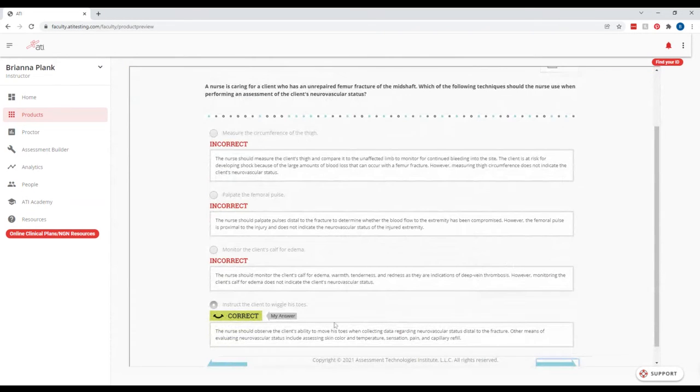And that is correct. So the components of our neurovascular exam, good job, Haley, is our skin color. So is it pale or does it look pink and nicely circulated too? Is it cold or is it nice and warm?